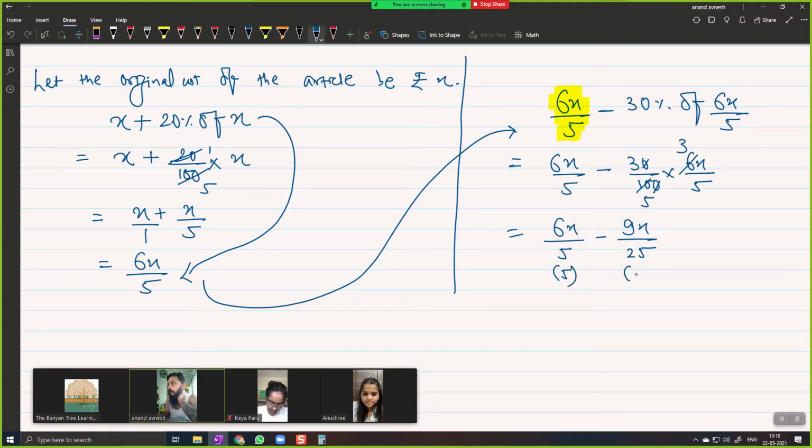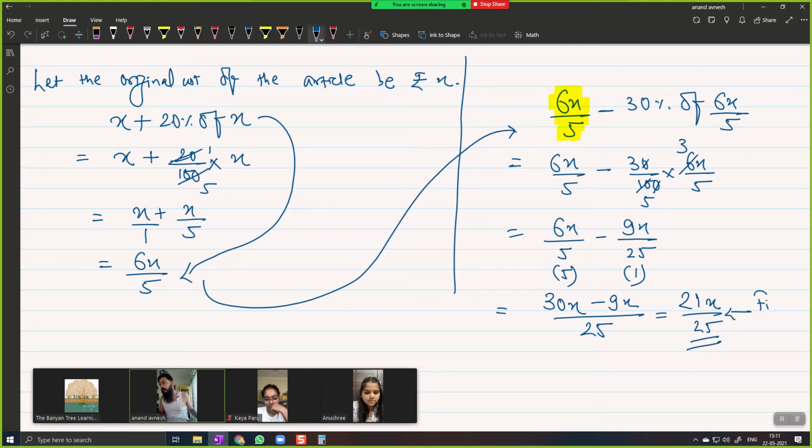Here you will multiply by 5, here by 1. So 6x into 5 is 30x, minus 9x upon 25. There is no cutting; you have to subtract. 30x minus 9x is 21x by 25. So this is the final cost.